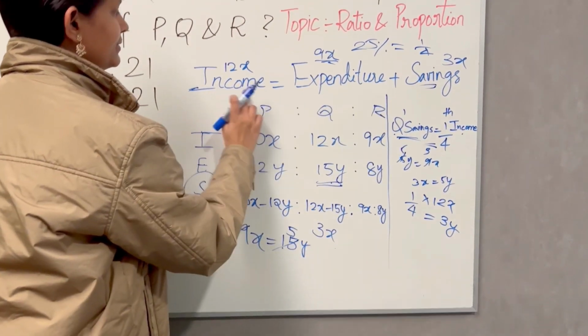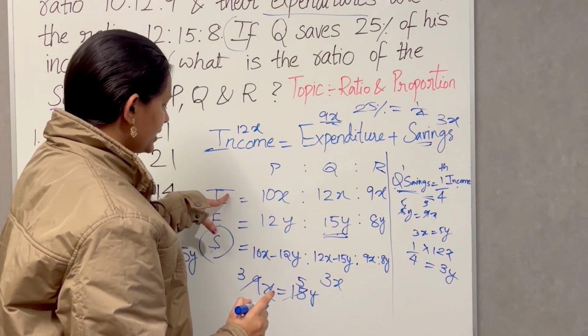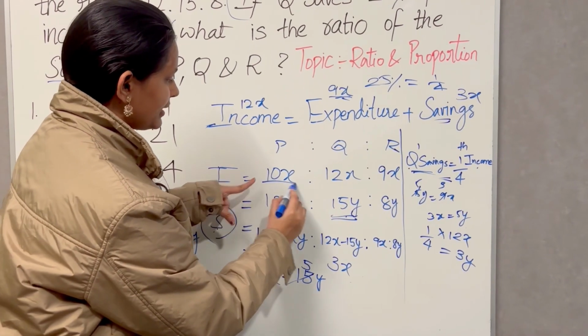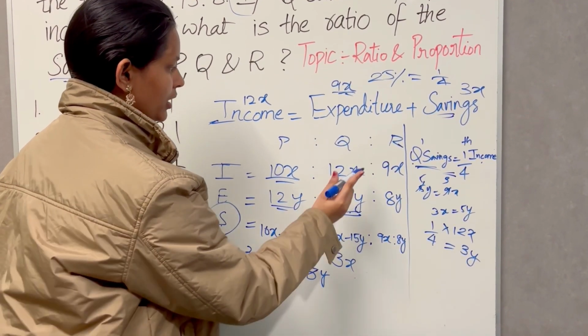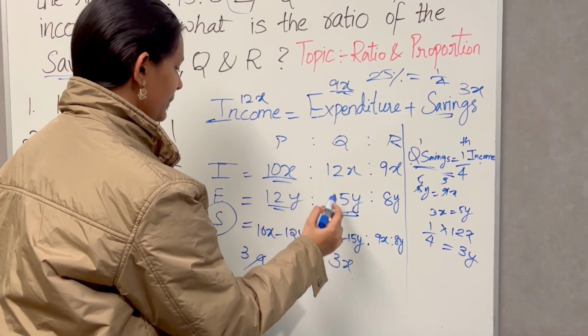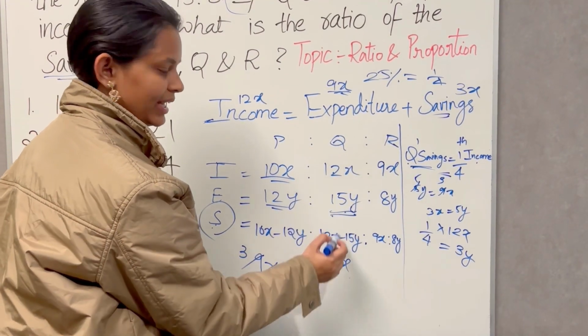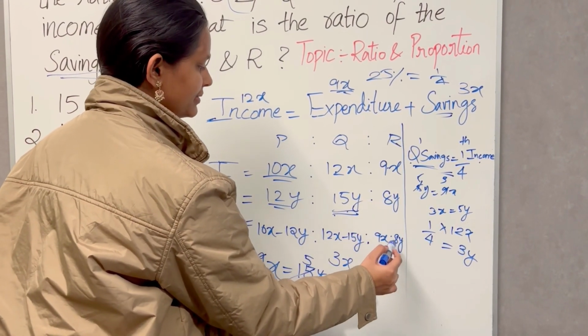Savings is income minus expenditure. Income minus expenditure is 10x minus 12y. Again for Q, income minus expenditure is savings, that is 12x minus 15y, and 9x minus 8y.